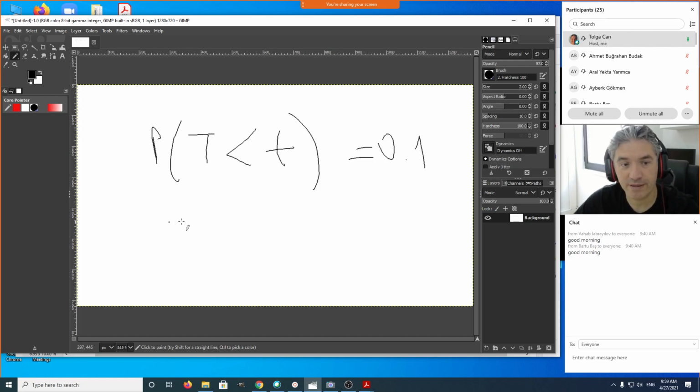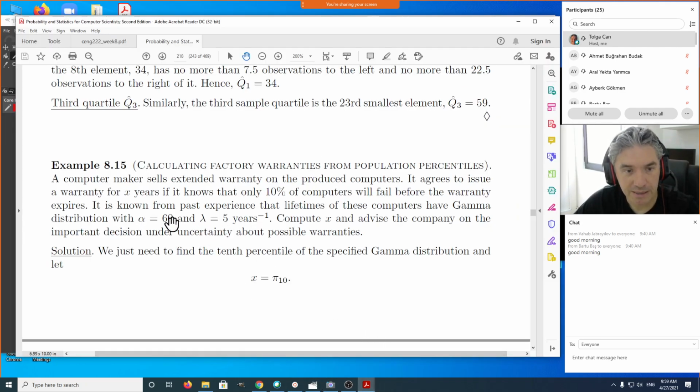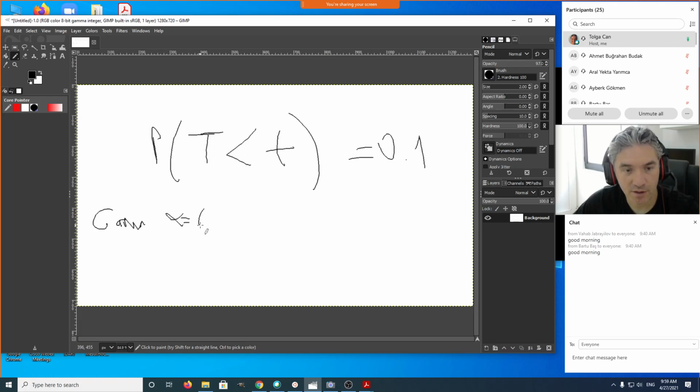Okay, so we want to find this, and T is our gamma variable with alpha equal to 60 and lambda equal to 5 per year. So it's year to the minus 1. So 1 over 5 years is 1 over lambda. So actually 60 over 5, it's like 12 years. So the expected lifetime of this computer is 12 years.